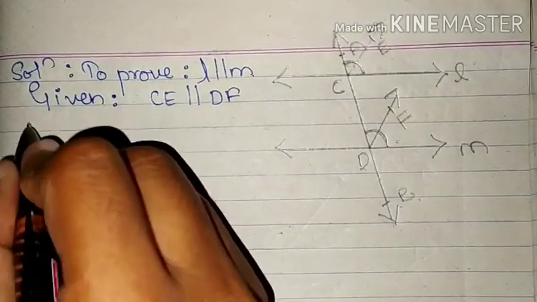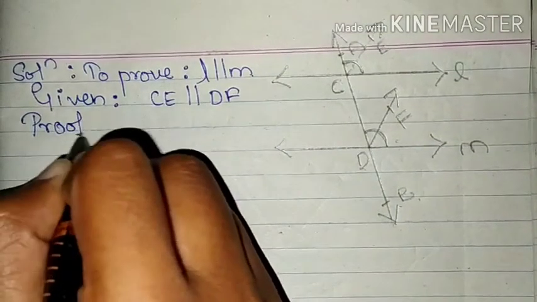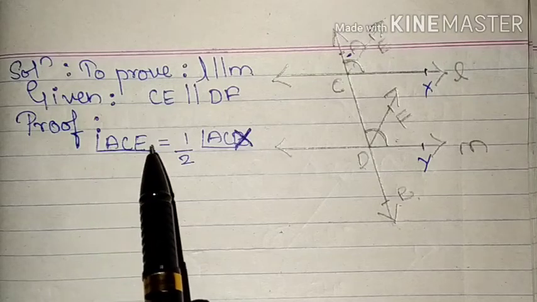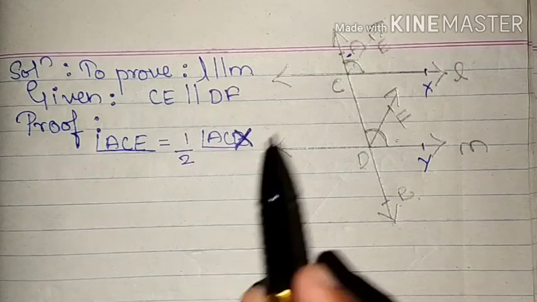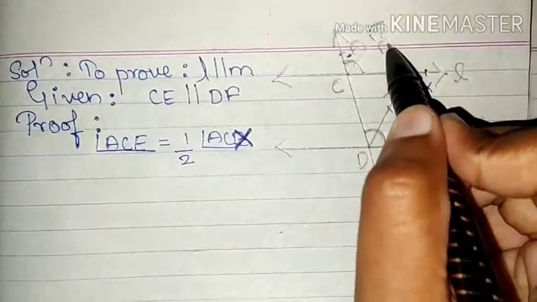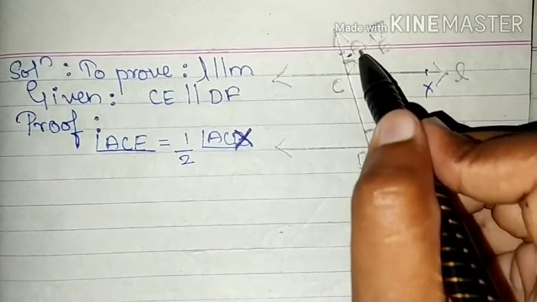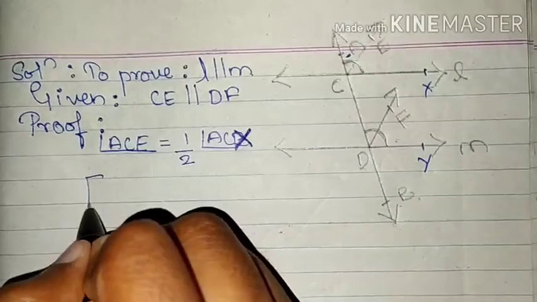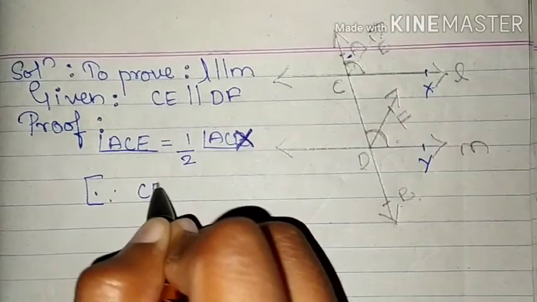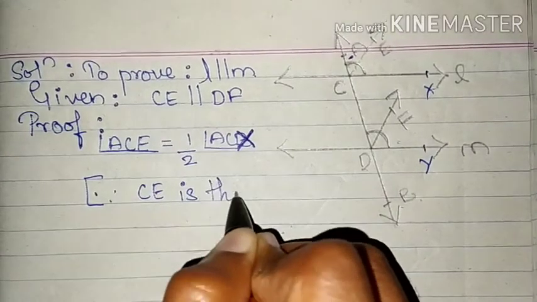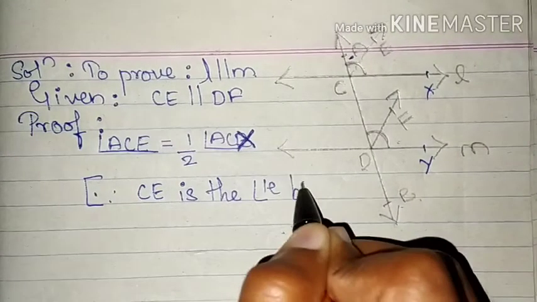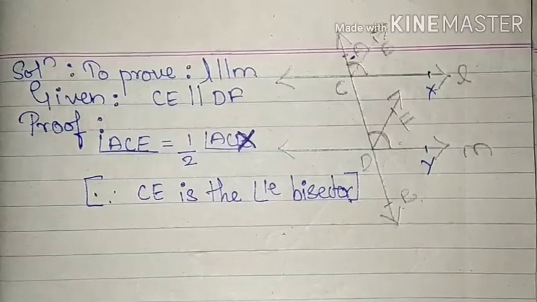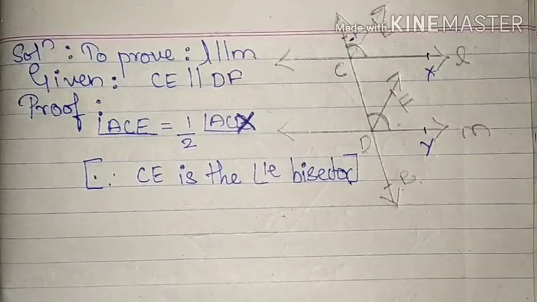So now proof: angle ACE is half of angle ACX. Look here, this is angle ACE, and it is half of angle ACX because CE is the angle bisector. We know that. They have told us that the angle bisectors are for the corresponding angles.